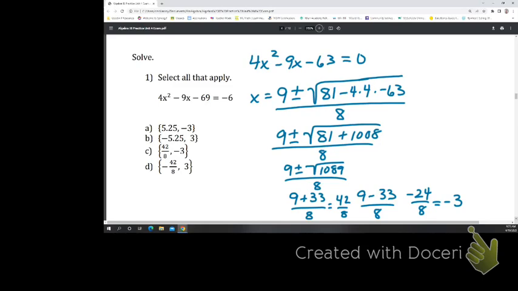And then if I do 42 over 8 and I divide that, right? So if I look at my choices also, like really the differences between some of those choices are just the signs. The 3 should be negative, and they didn't even simplify this fraction. So that was this one, and then 5.25, so this would be A and C. If you select all. Yes, select all that apply.